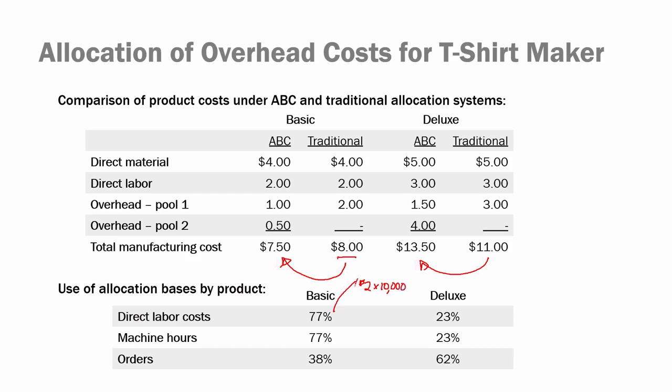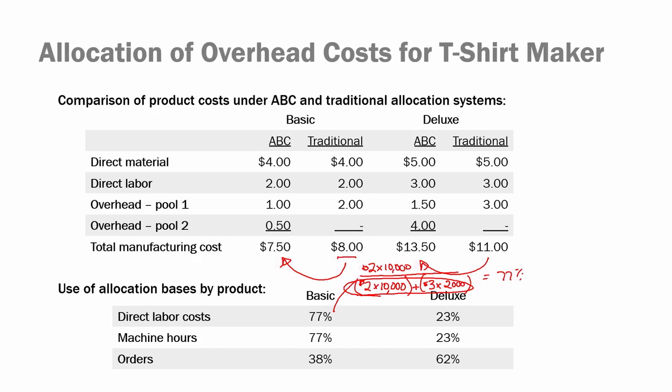There's 10,000 basic t-shirts. The direct labor per shirt is $3 for a deluxe t-shirt, and there's 2,000 deluxe t-shirts. The basic t-shirt direct labor divided by this total direct labor is 77%.